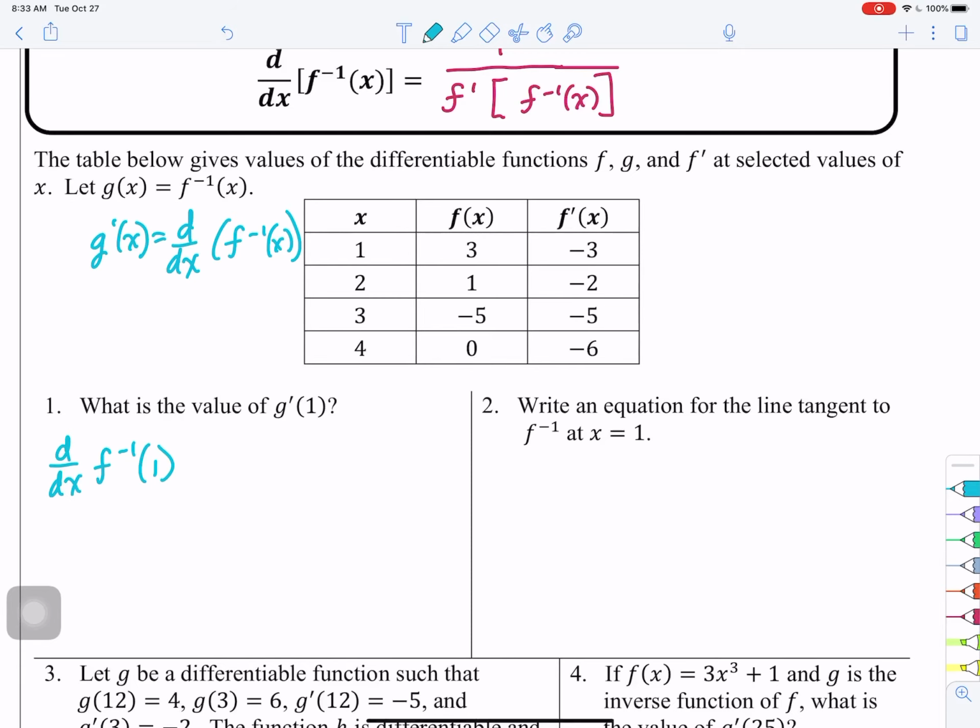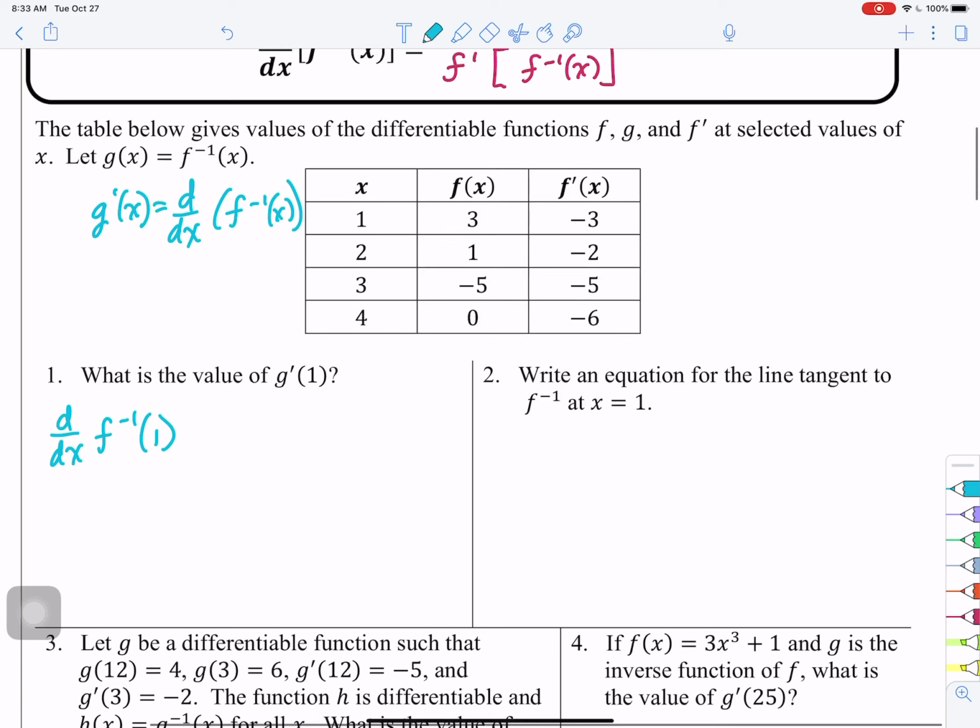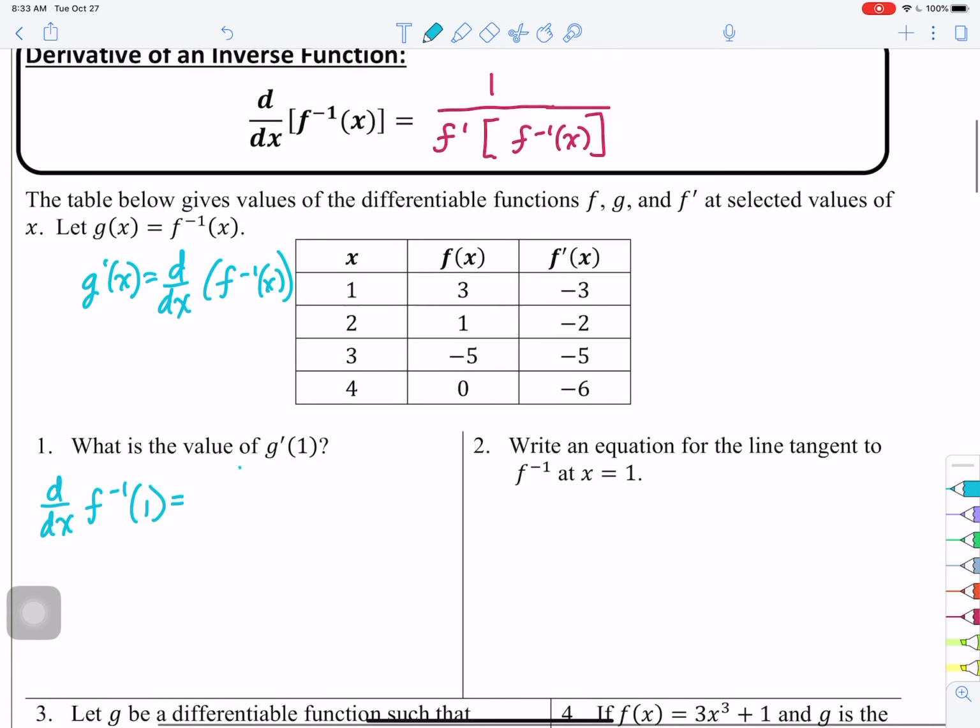Sometimes it's nice to not have that derivative notation there. Okay, let's see what this means. We're going to write our formula from up above. It's 1 over f prime of f inverse of 1. Okay, this 1 is where that was, okay?